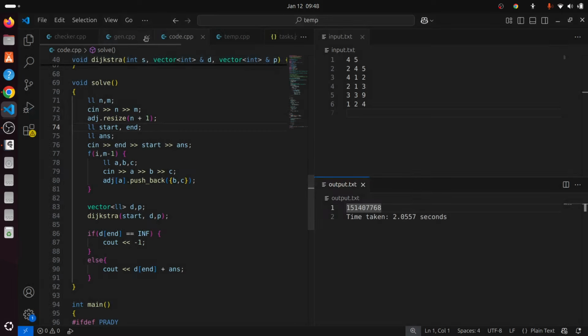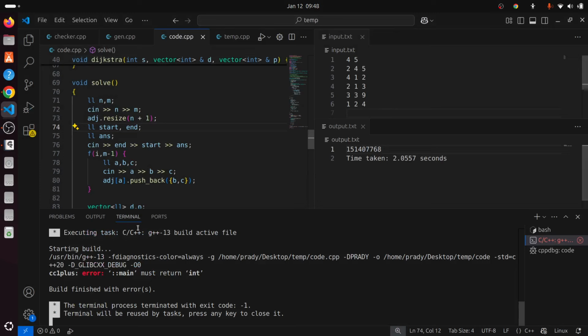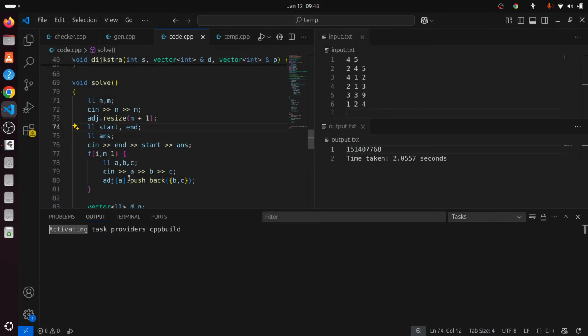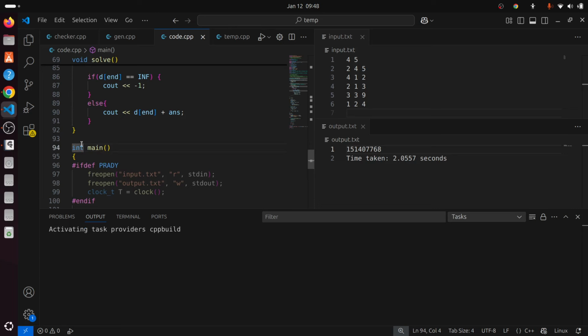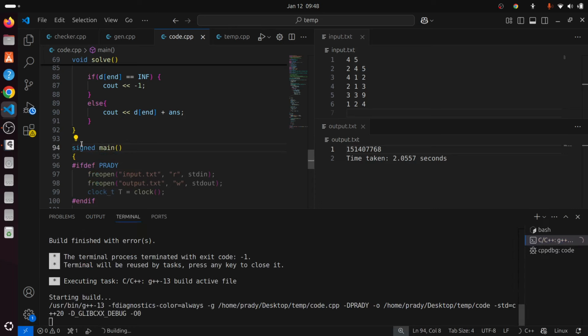Okay, compilation error. What is the error? Main must return int. Okay, let's make it signed because we used define int long long, so that's why it happened.